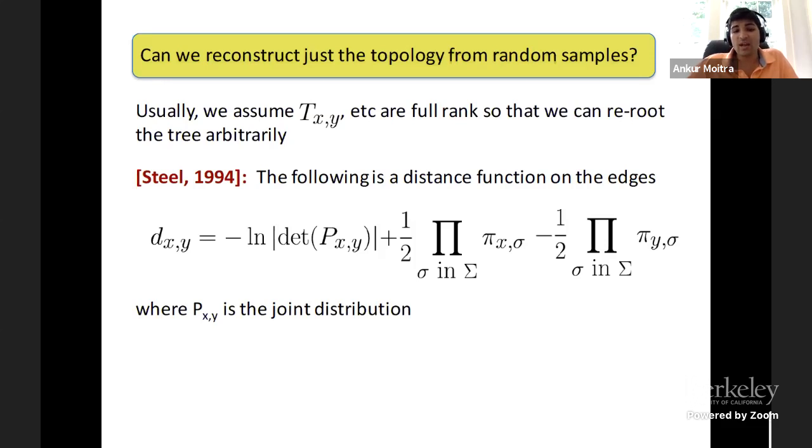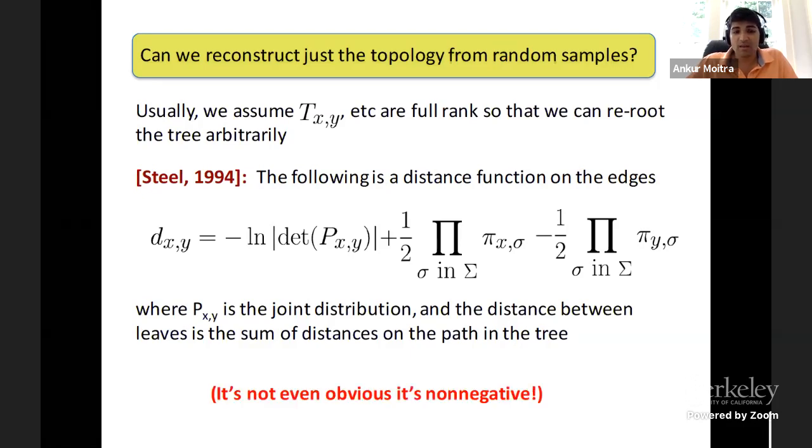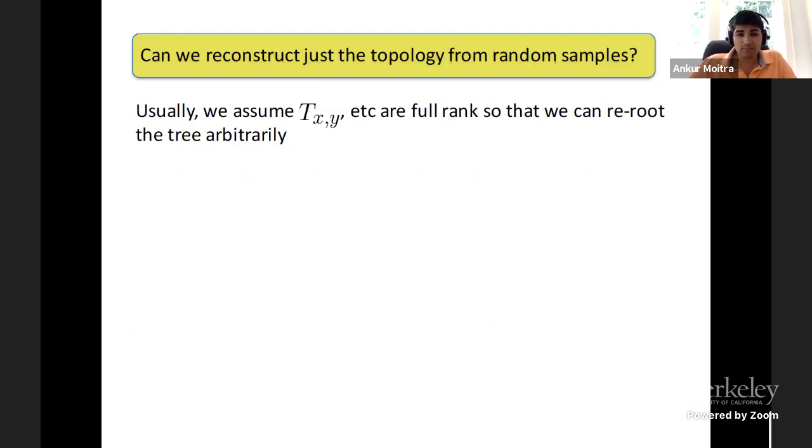And the key thing is that you can actually estimate this distance between pairs of leaves. And the distance between leaves turns out to be the sum of distances along the paths in the tree. This was a completely non-obvious result. It's a beautiful result of Steel from the mid-90s, because the way that I've described it right now, it's not even obvious that the thing is non-negative to begin with.